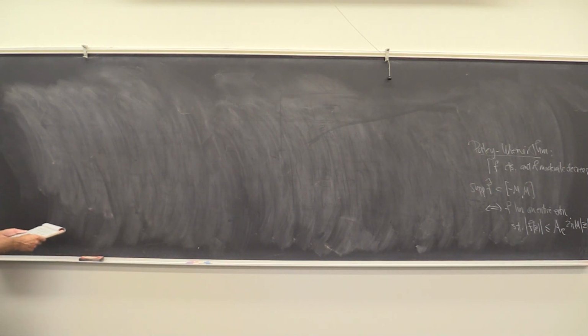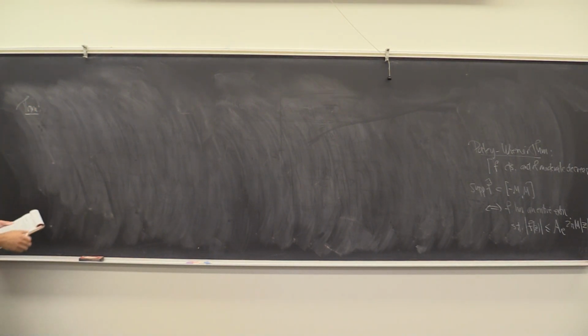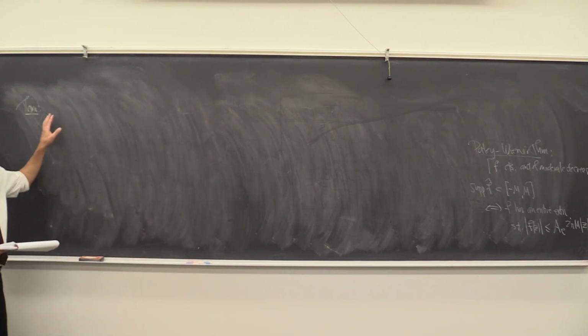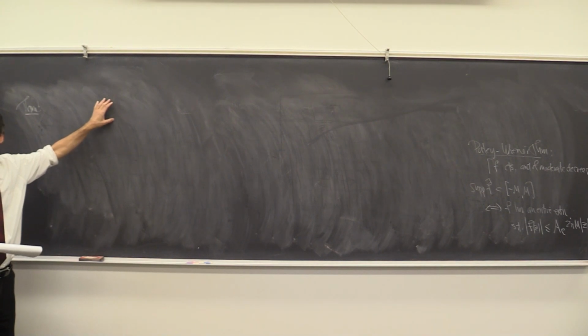So let's get something heading in that direction, which is sort of the opposite of the thing that we mentioned at the beginning. Right at the beginning, we said that if you are in this class F sub a, then your Fourier transform satisfies certain decay.